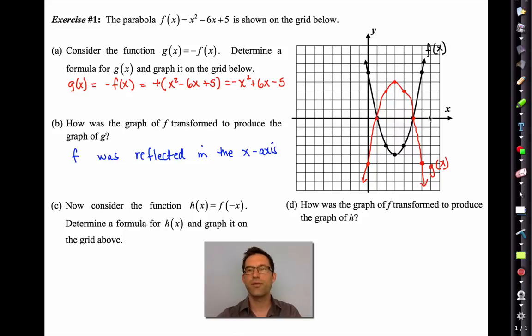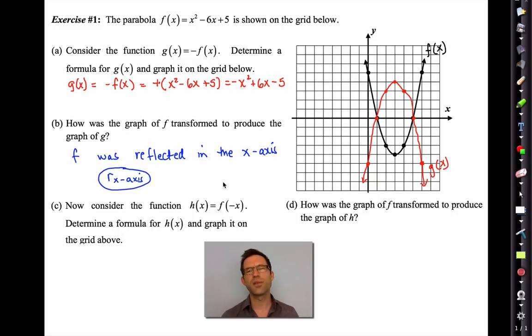We just took f, we flipped it across the x-axis, and we got g. Some of you may have used this symbolism in geometry, little r for reflection. Unfortunately, some people have started to use big R for reflection, which is awfully confusing because big R was normally reserved for rotations, but what are you going to do? At the end of the day, f was reflected in the x-axis.